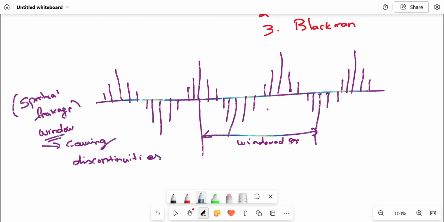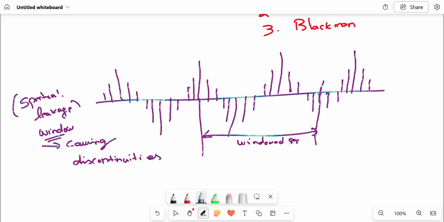Okay, finite length sequence. Because if the window sequence differs from the original discrete signal with the discontinuities which occur at the boundaries of the window, the DFT will produce non-zero spectral coefficients at all frequencies.